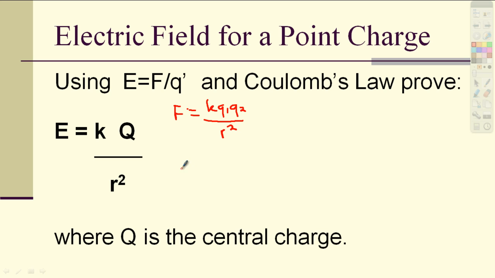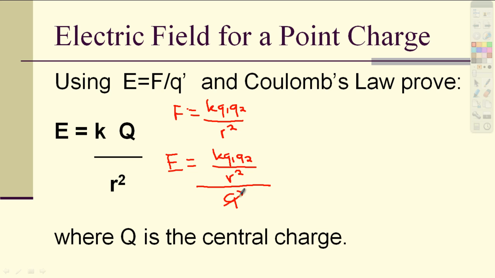So to do this, we know F equals all this stuff, and we know E equals F over Q. So what we want to do is plug Coulomb's Law into the equation. Q1 Q2 over R squared, all of that over this Q prime.